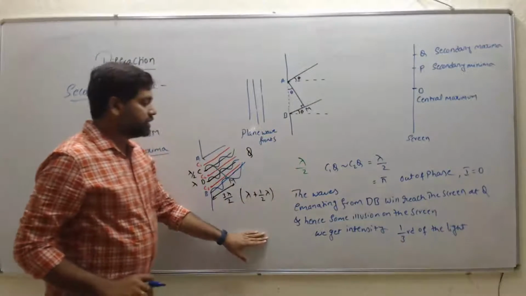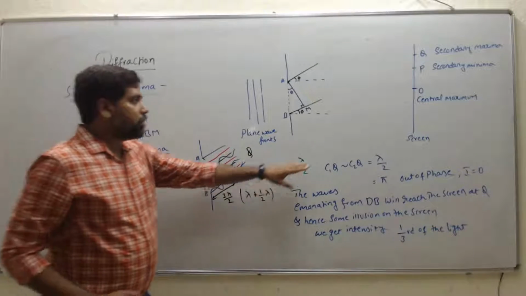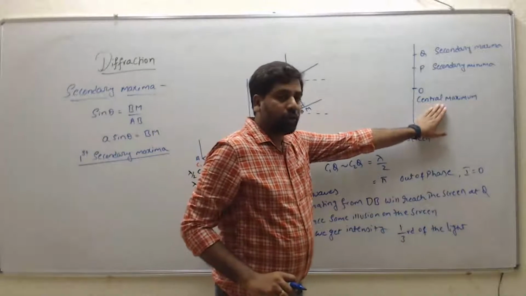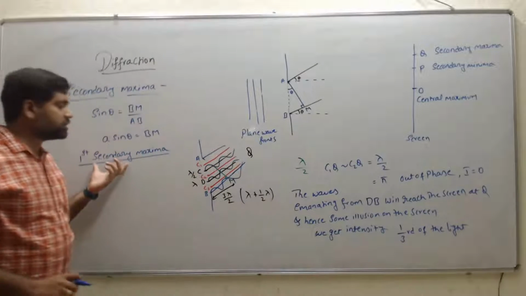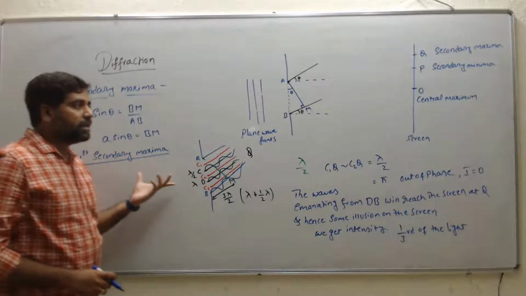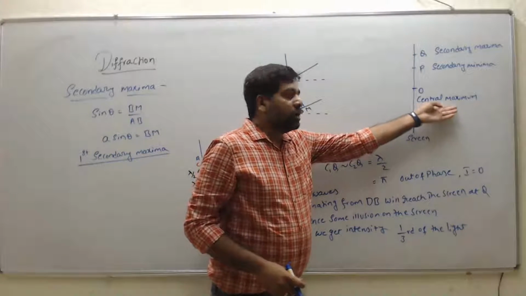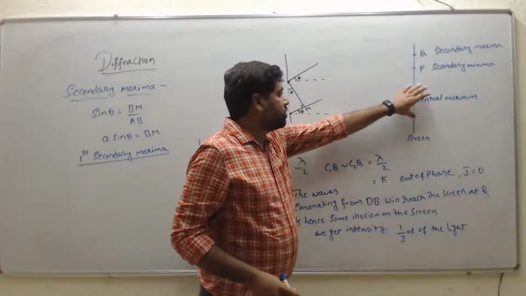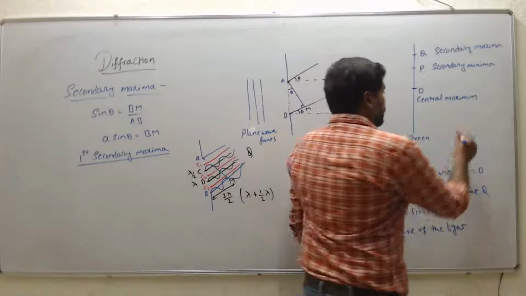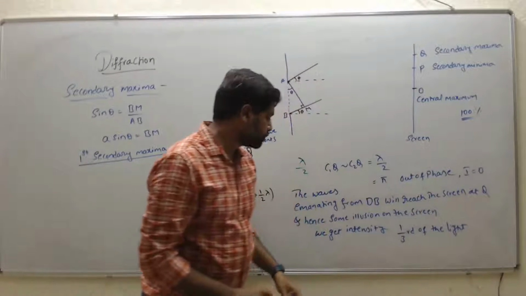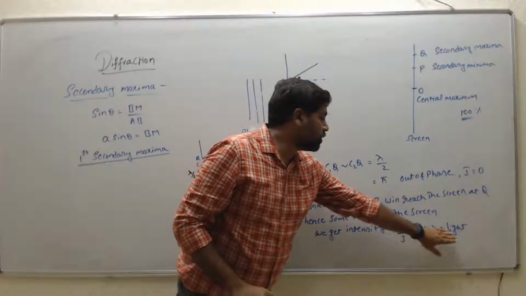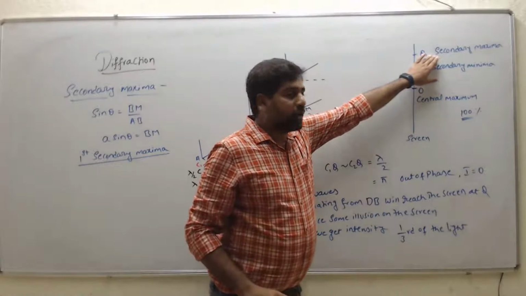Hence, the intensity is less compared to that of the central maxima. So the intensity we get in the first secondary maxima is less than that of the central maxima, because if the central maxima intensity is 100%, then only one third of the light we are getting in the secondary maxima.